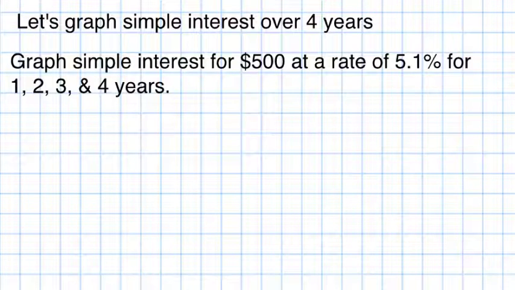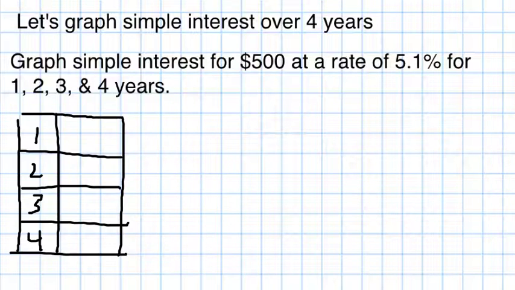Okay, this time we're going to actually graph the simple interest information over 4 years. And you can see on your notes that you have a table that has 4 years listed out. So we're actually going to be figuring out the simple interest for the first year, the second year, the third year, and the fourth year, and then we're going to graph it.